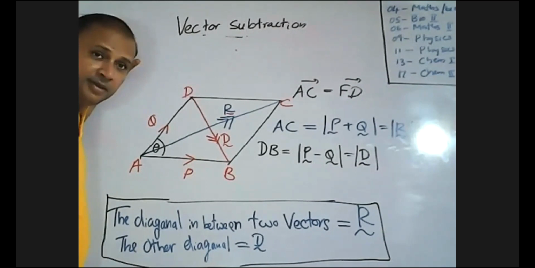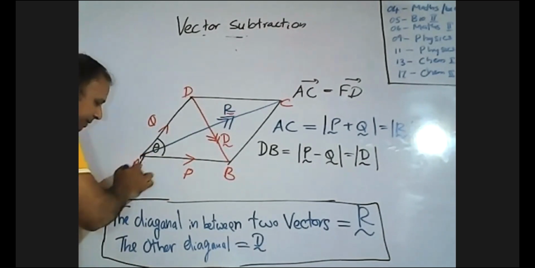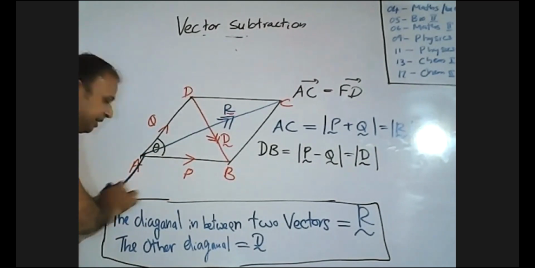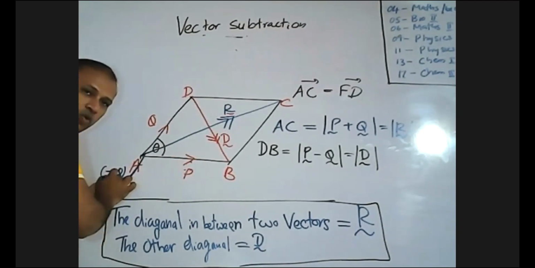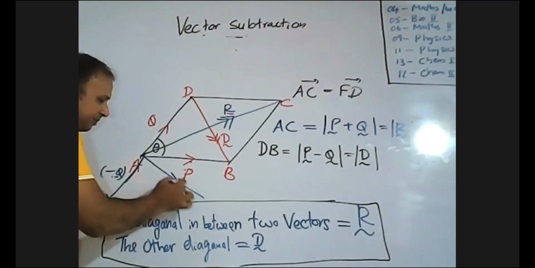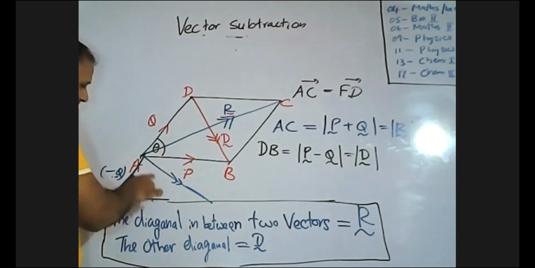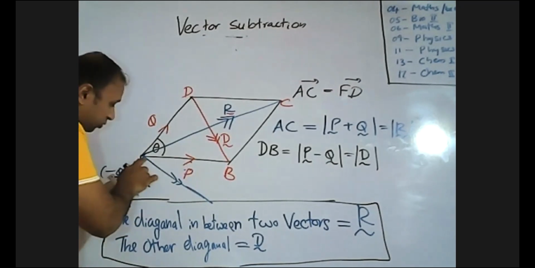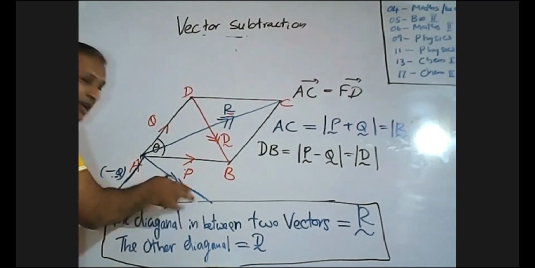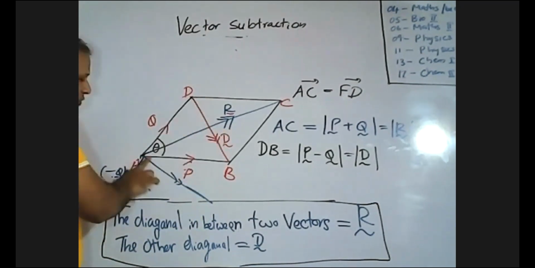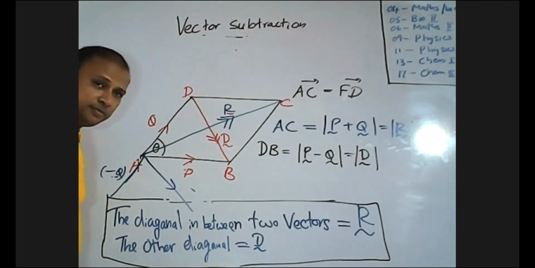BD means actually, we have created the minus Q vector. Then I have added these two, and I got the addition of P and minus Q vector using this diagram. Then I have equated this diagonal and this one by constructing the other parallelogram.